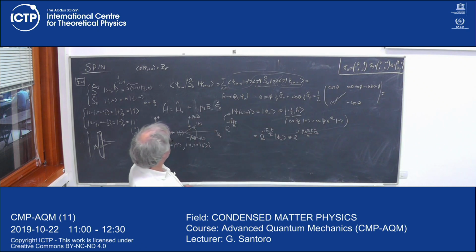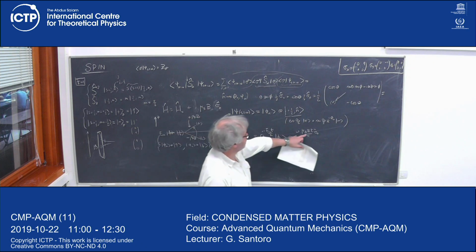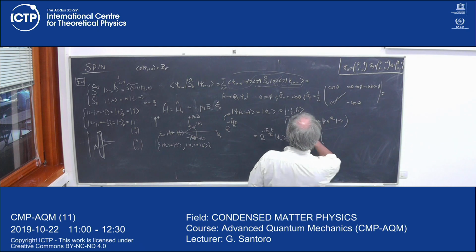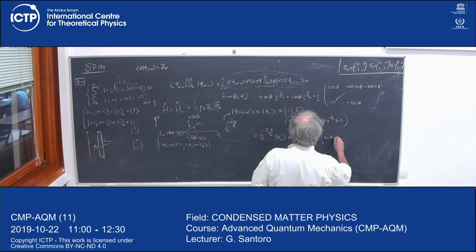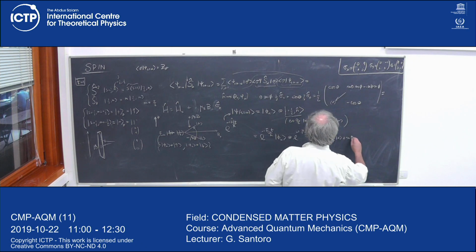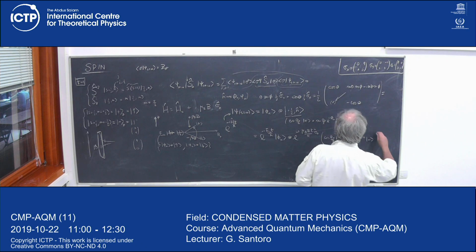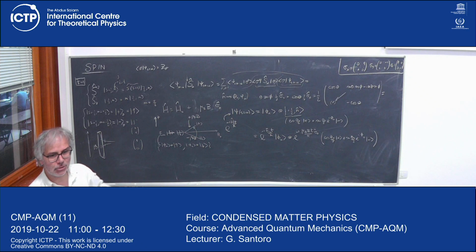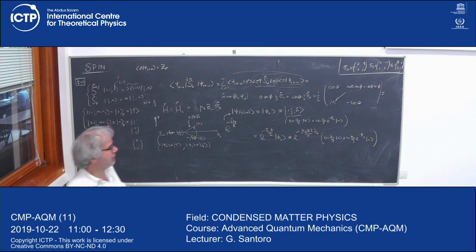Do you agree with me? This is the Hamiltonian term that I have to put there, times t over h bar, and then I have to multiply this funny looking object, plus, e to the i phi, minus. We are almost done, don't worry.